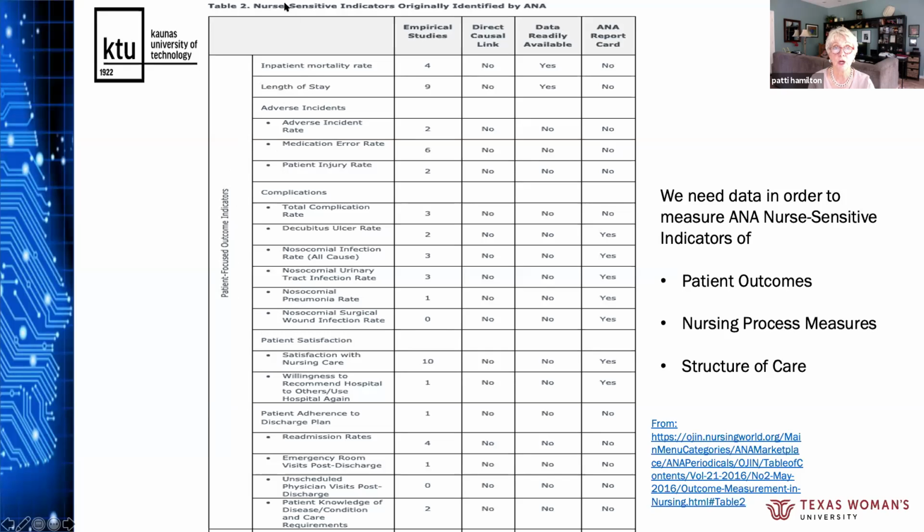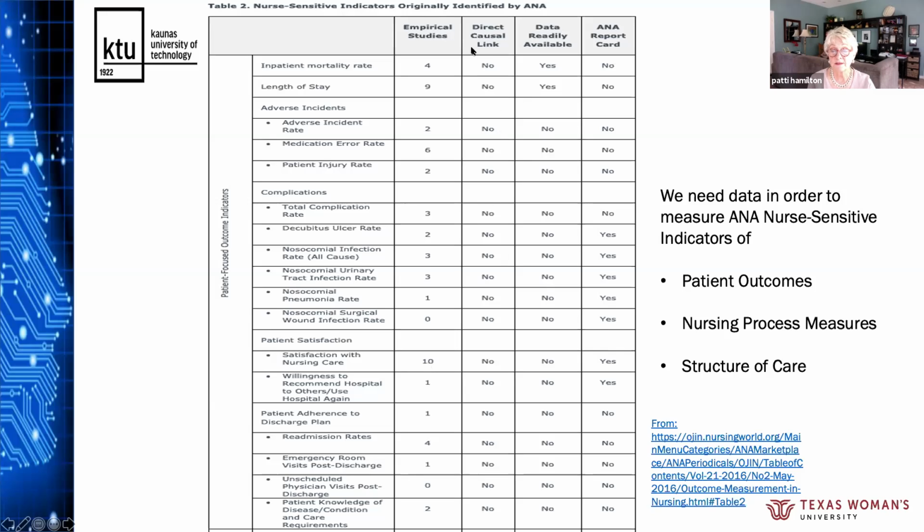And those are nurse-sensitive indicators of quality. And here in this column, she tells us how many empirical studies there were that backed up that this was nurse-sensitive. For example, for surgical wound infection rates, there really was no empirical study to back that up as being a nurse-sensitive indicator, but it was listed on the report card for nursing.